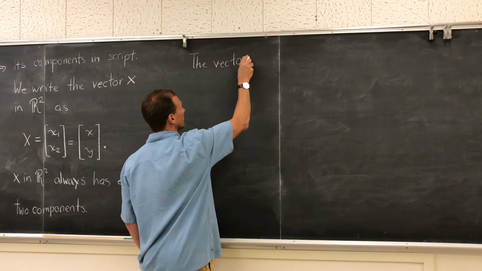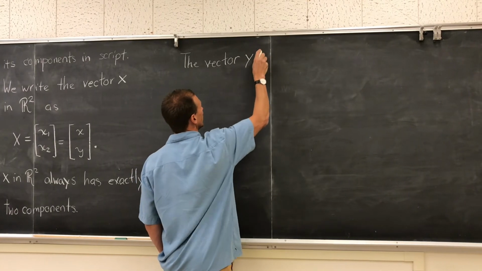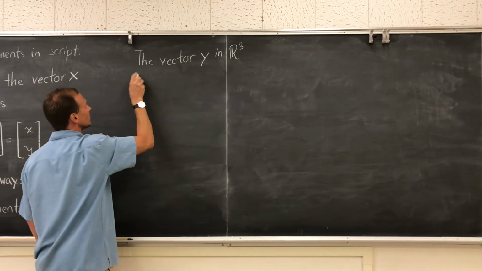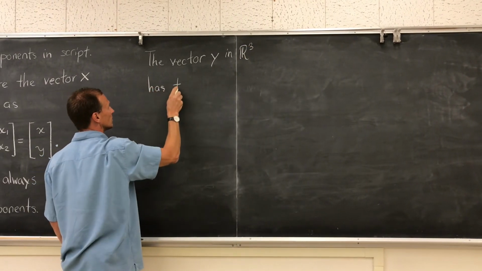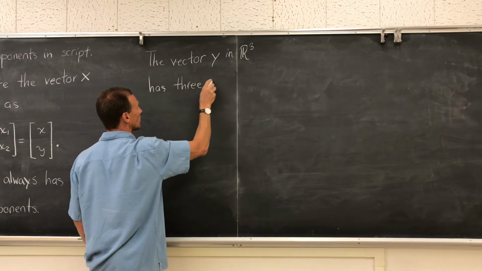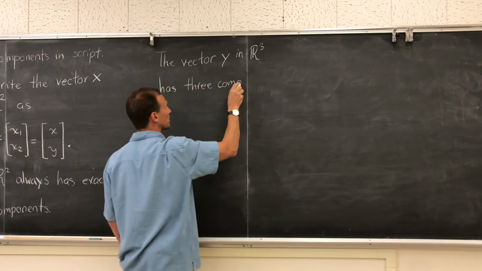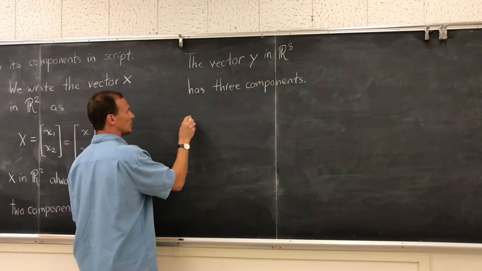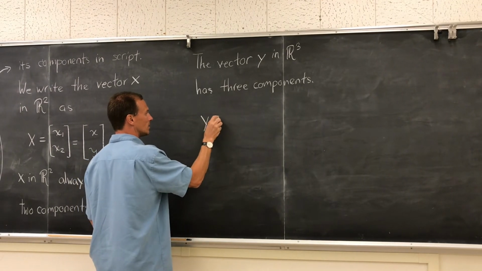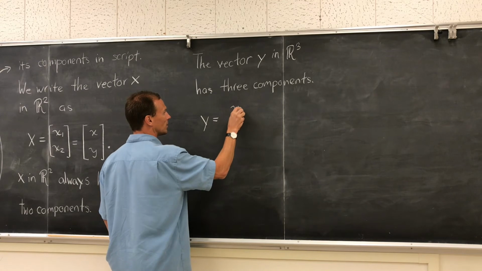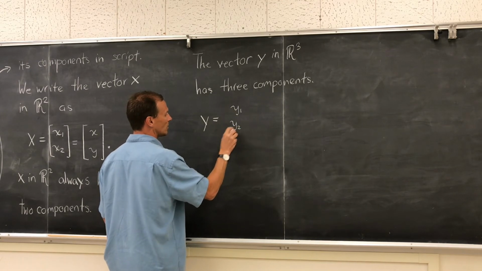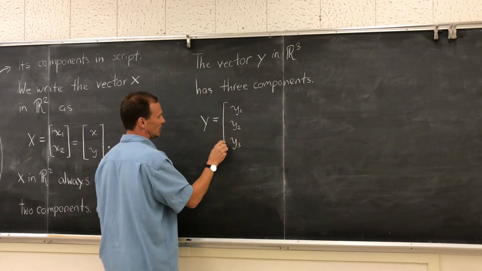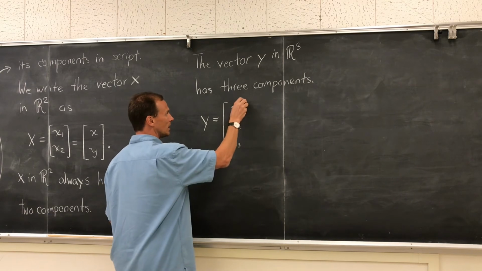The vector y in R3 has 3 components. So we would write it as y would have a y1 component, a y2 component, and also a y3 component. And then we always write it in this vertical, this column form, and we use brackets.